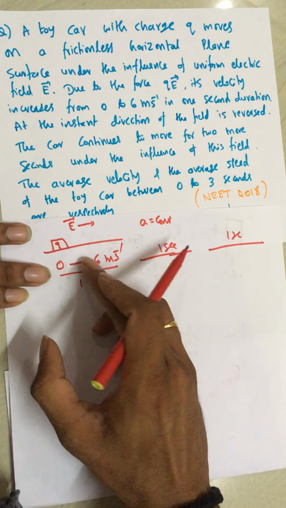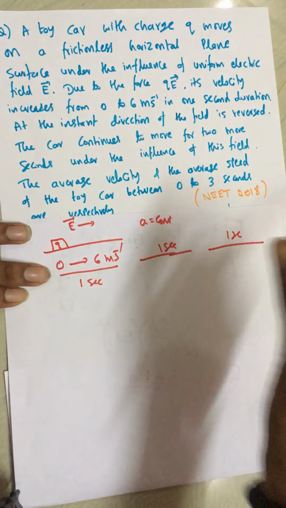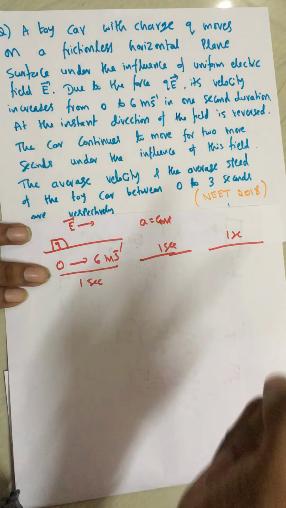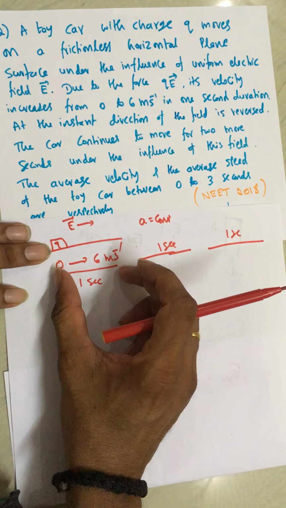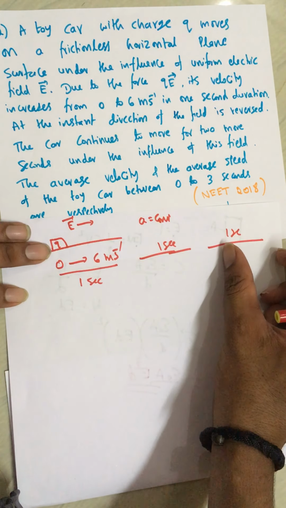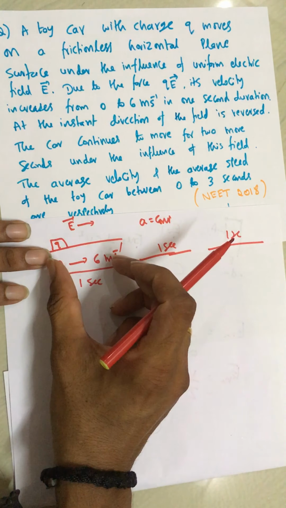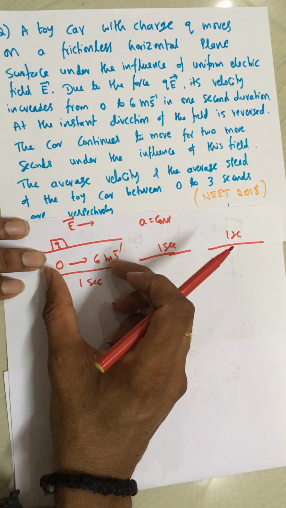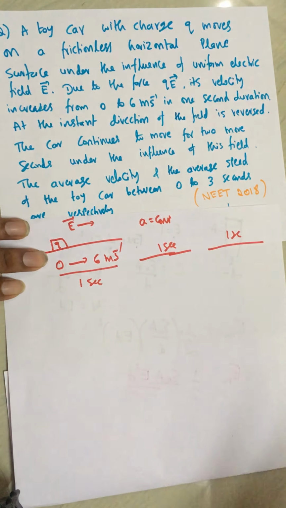That means in each 1 second, the acceleration of the car is constant, and I can apply the kinematic equation to find out the displacement for each 1 second. Now what is the distance traveled by the car for the first 1 second, the next 1 second, and after that the last 1 second?